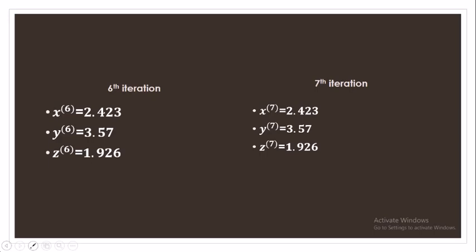So here it is not the exact value; we say it is an approximate value for x, y and z. Since the numbers have been the same in these two iterations, we finally say that the value of x is 2.423, the value of y is 3.57 and the value of z is 1.926.